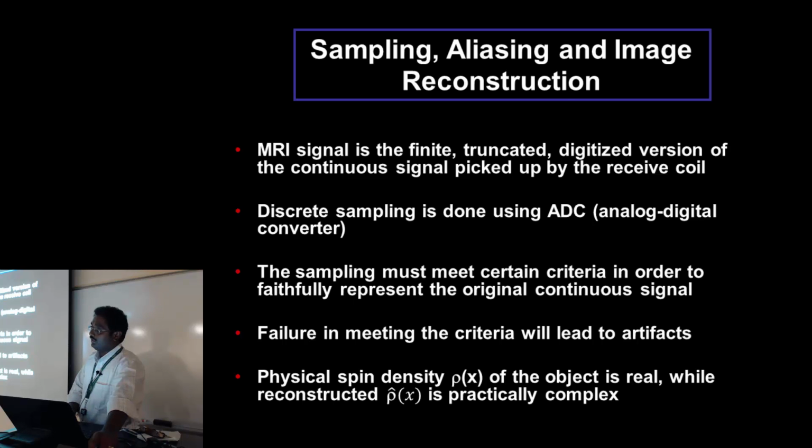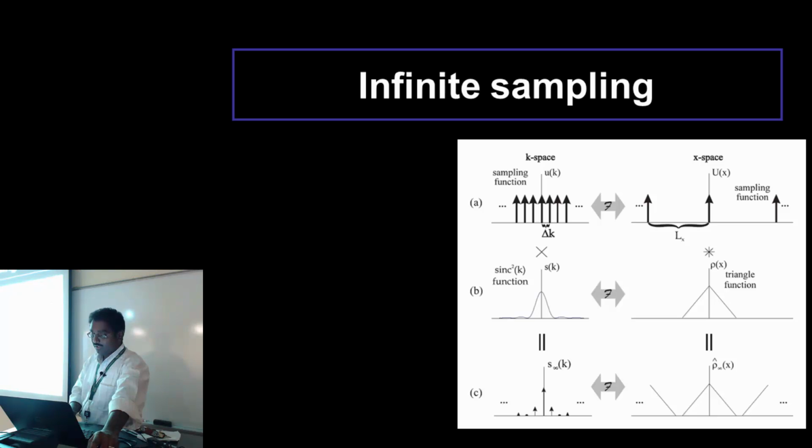What is happening to the spin density signal from a given voxel or location, and how is that represented in your image? The modification is a result of your sampling and your windowing. So that's just a prelude of what you're going to see, and this is what we're going to discuss here.